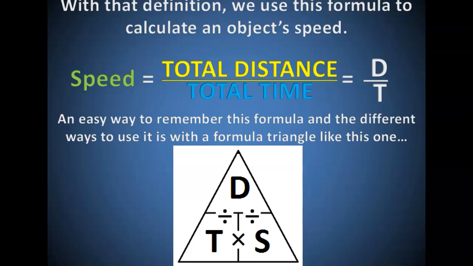All right, well, that is a lot of fun. Also fun, of course, is math, right? Well, as it happens, speed can be calculated using a formula. And so that formula is speed equals the total distance divided by the total time, or d divided by t.